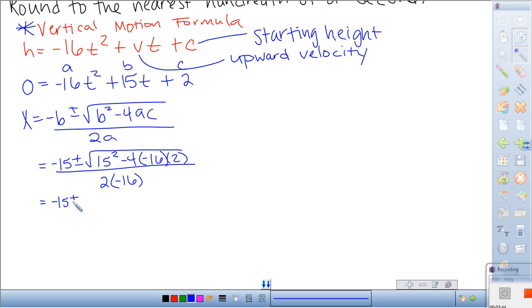Negative 15 plus or minus the square root of 15 squared is 225. So 225, then do negative 4 times negative 16 times 2, and you get 128, so plus 128, divided by 2 times negative 16, which is negative 32.